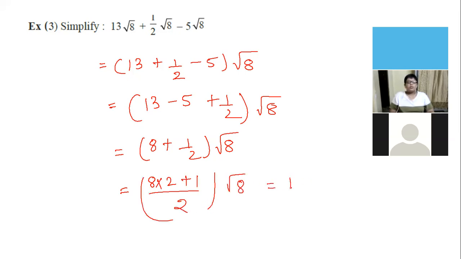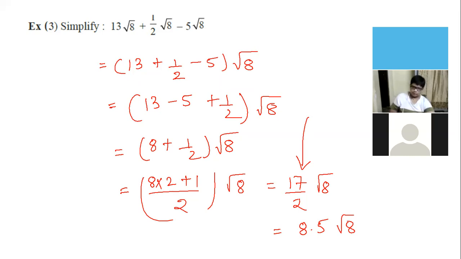So this will become 17 upon 2 root 8. Did you understand this calculation? Yes, sir. Okay. So our final answer is 17 upon 2 root 8. If you want, you can leave this as it is, or we can write it in decimal also. So it will be 8.5 root 8. You can leave it in fraction itself or write it in decimal. Is this sum clear? Yes, sir. Okay, write it down.